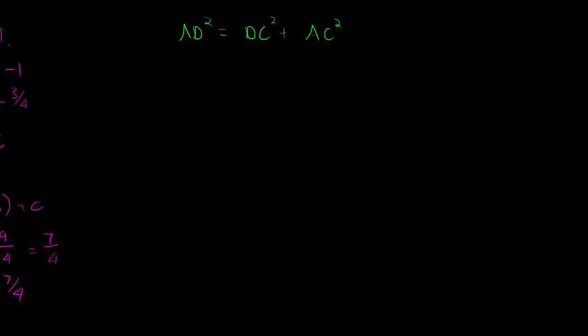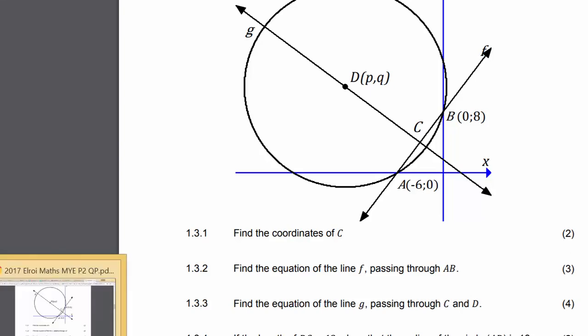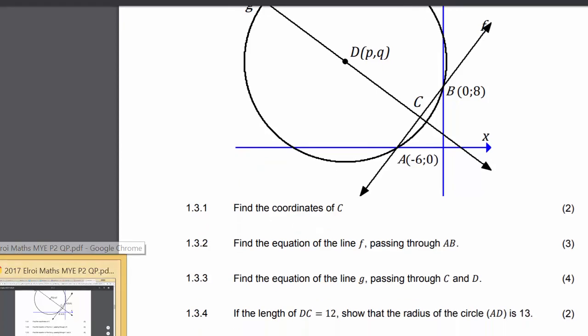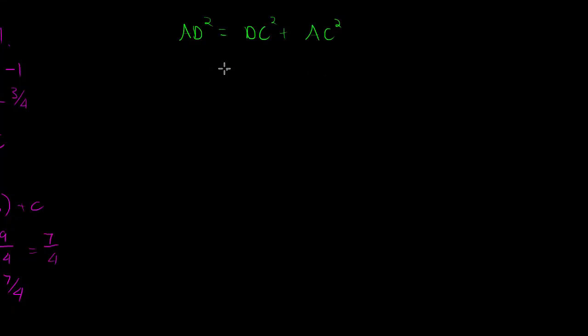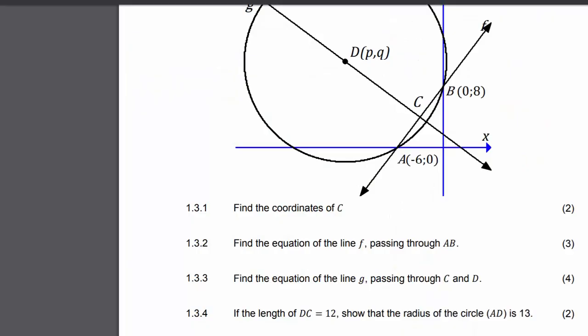So AD squared is what we want. We want the radius of the circle, AD, and DC is given. They tell us DC is 12, so DC is given as 12 squared, but AC is not given.